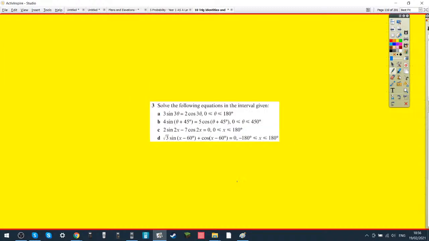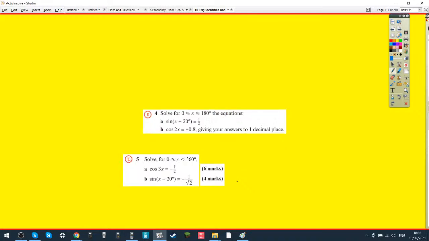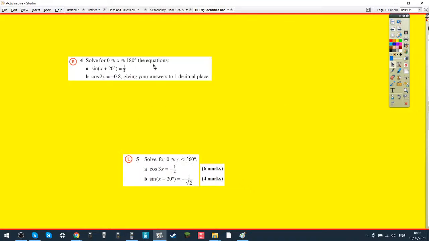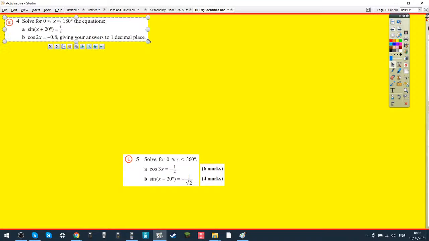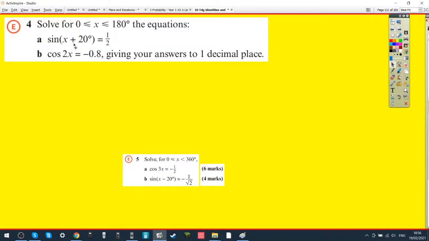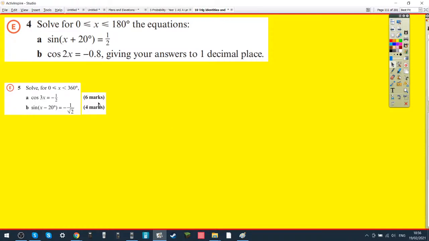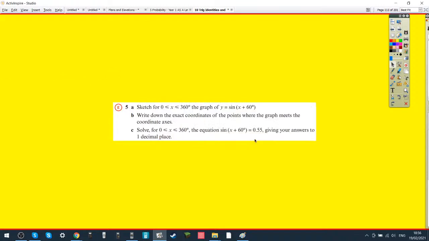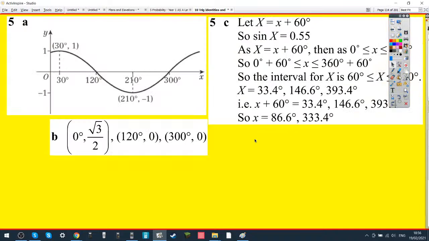Same idea for all these. This is what the exam questions look like. They look very similar to what we did. Question 4: let A be equal to x plus 20, change the range, same with part B, and then same with the next question. Sketch the graph, very similar.